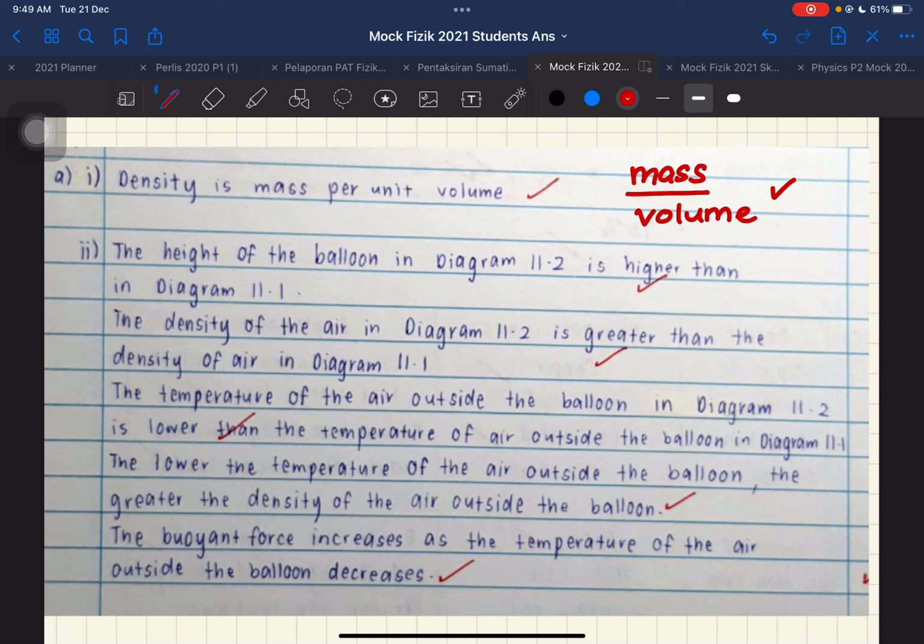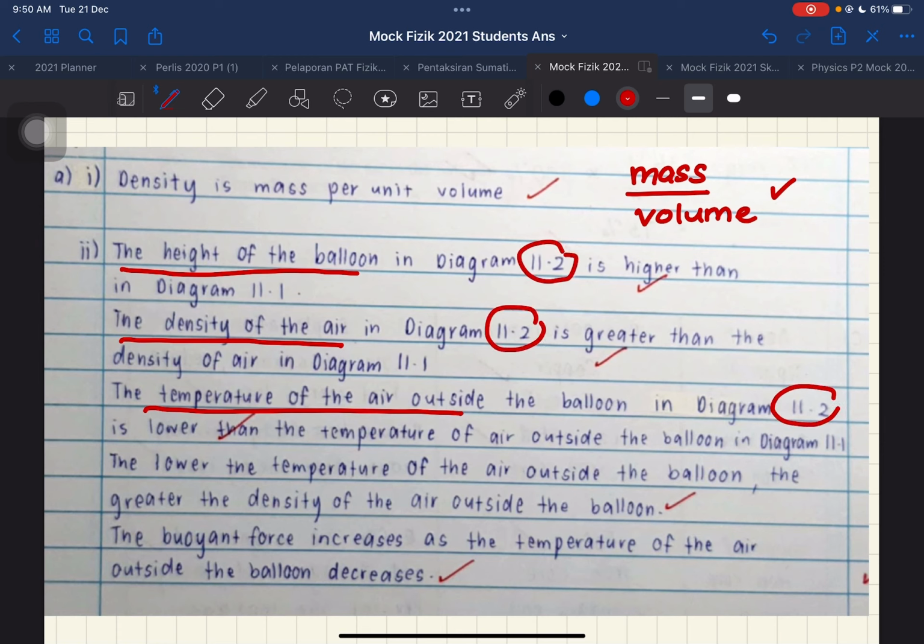For the first 3 marks, the one that I write in table just now, like this also can, but make sure you copy the whole thing. Height of balloon, density of the air, temperature of air outside. Need to mention which diagram like this. That will be the first 3 marks. And the relate question, this is tick number 4, tick number 5.